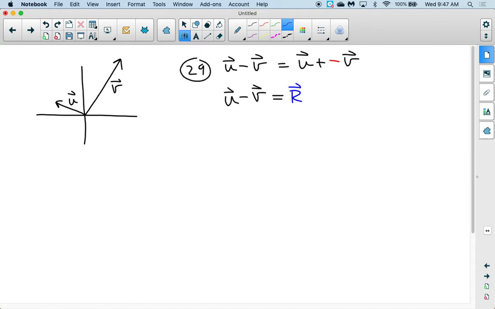Well, R would be the vector that you would add to V to get U. Now, addition of vectors is much more intuitive. So if we look at our picture and ask what would I have to add to V to get U, remember, we add head to tails, and so what I would add to V to get U would simply be this guy.